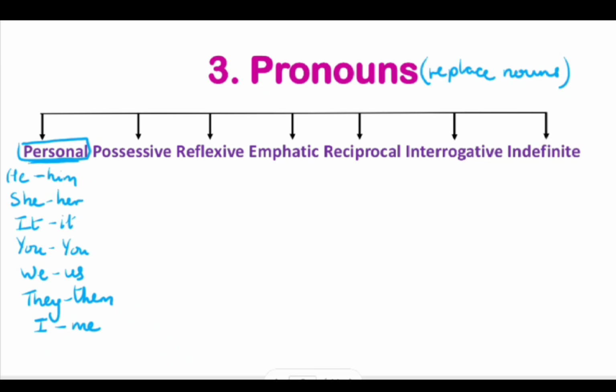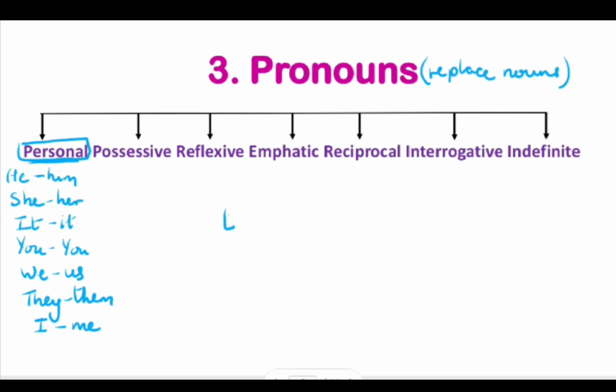Both the possessive adjectives and possessive pronouns are derived from these personal pronouns only. But however, all that matters is the placement. Wherever you place it depends whether it is then termed as a possessive pronoun or a possessive adjective.